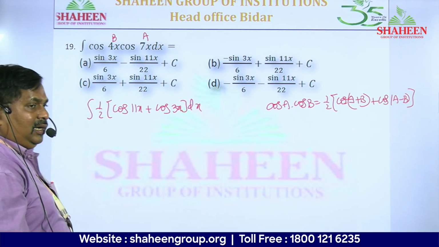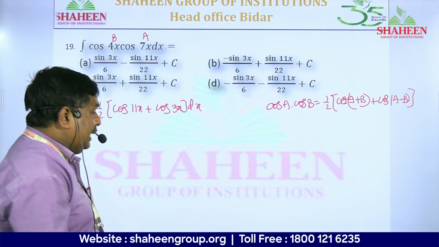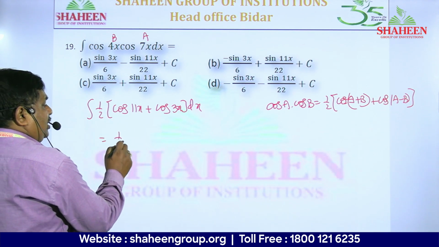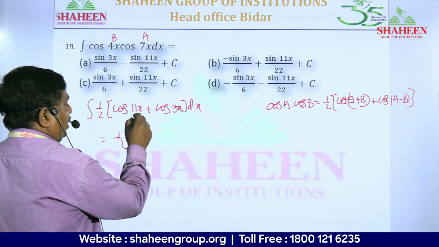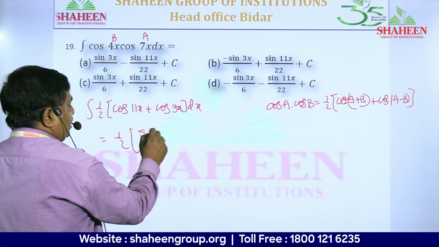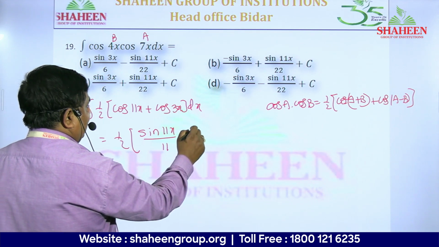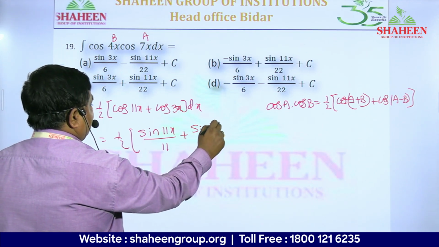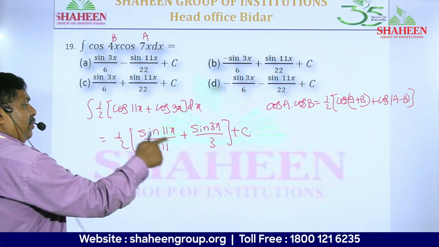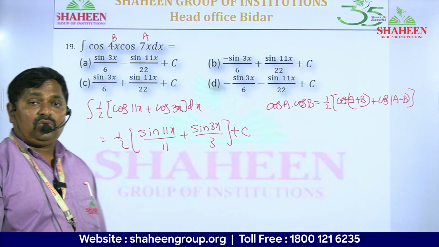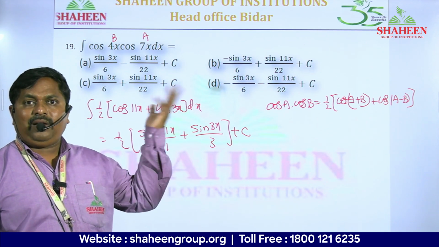Now the terms which were in multiplication have changed to addition, so we can integrate this function. I am writing 1 by 2 outside as it is. Integration of cos 11x is sin 11x divided by 11, plus integration of cos 3x is sin 3x divided by 3, plus c. In the previous question we did not multiply the 1 by 2 inside because all options had 1 by 2 outside.